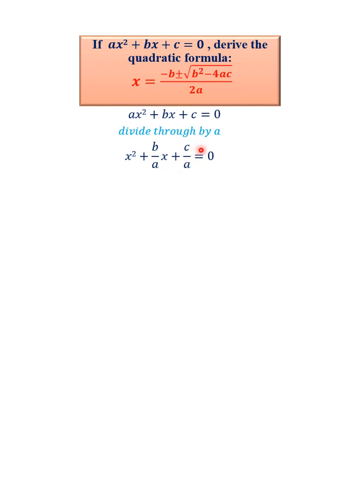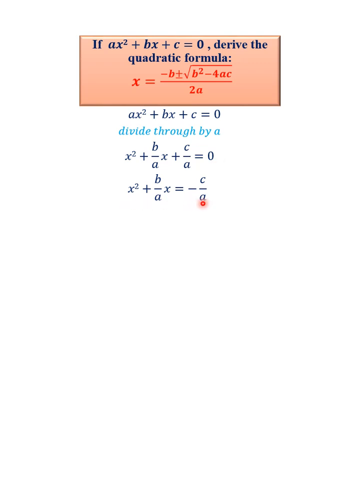To take this to the other side, we need to subtract c all over a from both sides of the equation. And if we do that, it becomes x squared plus b all over a x equal to minus c all over a. This has crossed over.